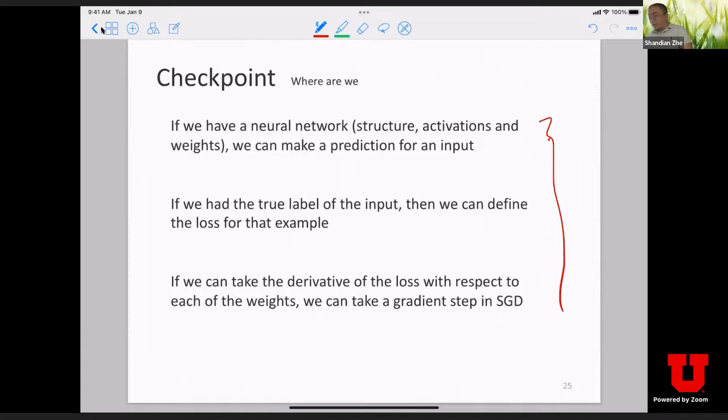We have defined the structure of the neural network, including how many layers, how many neurons per layer, which particular activation function you choose, and also how you initialize the neural network parameters. With that, we can make a prediction from the input. And then we have defined a loss function over every training example, probably just a square loss, or perhaps a square loss plus some regularizer.